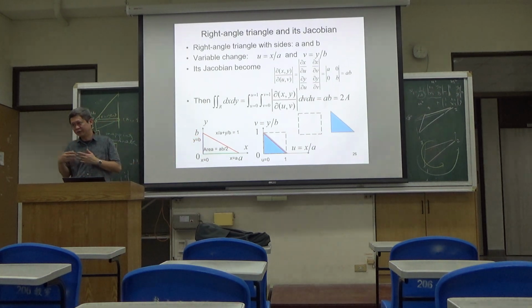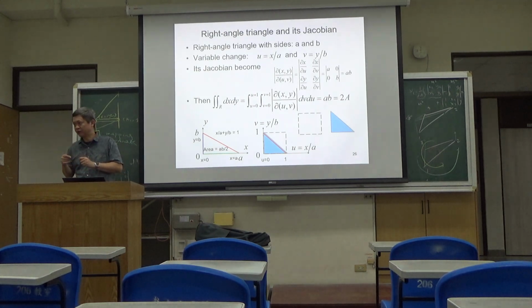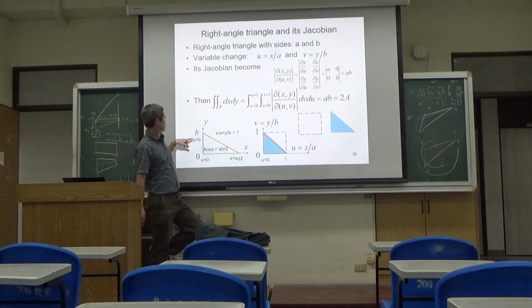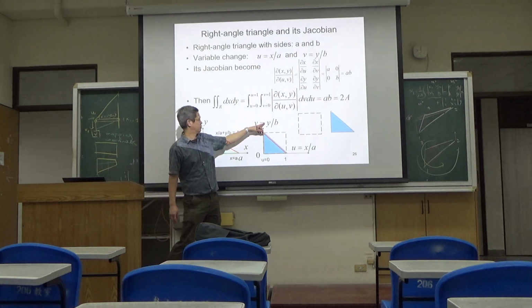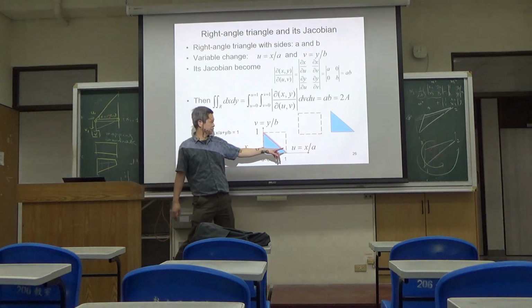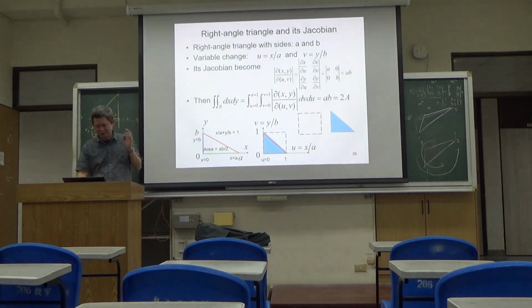Integration from 0 to 1 is very simple, it's dimensionless. But integration from 0 to A is dimensional, okay? So every time you do that, integrations could be different with respect to the actual length, okay? So in this case, your mapping is V equals Y over B, and U equals X over A. Even though this is a simple mapping, it will greatly help your calculation.